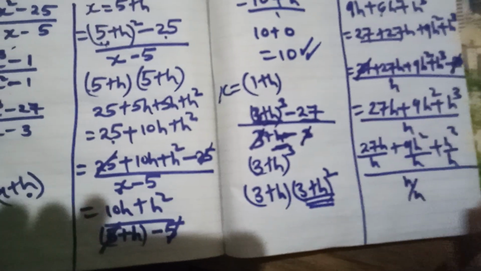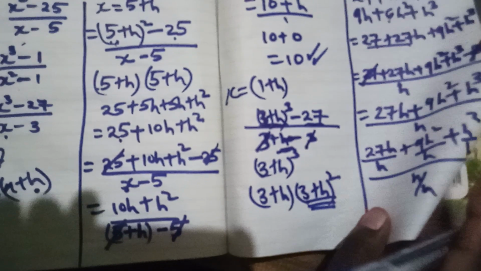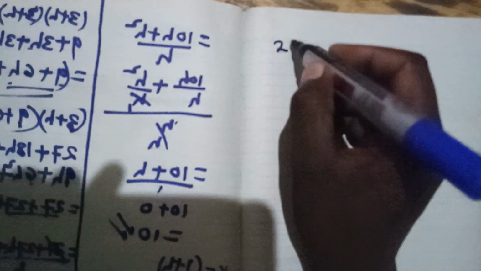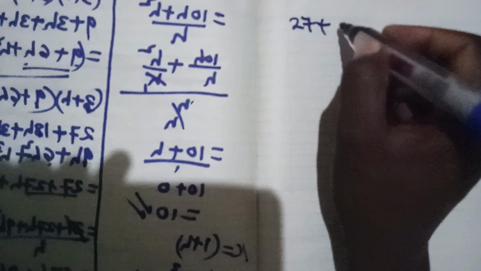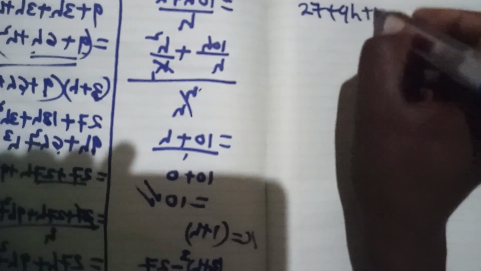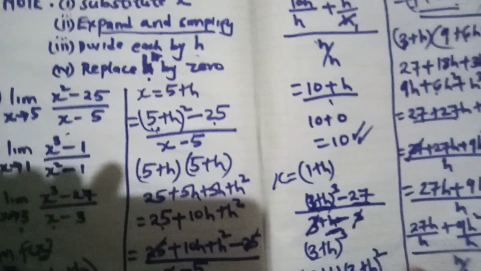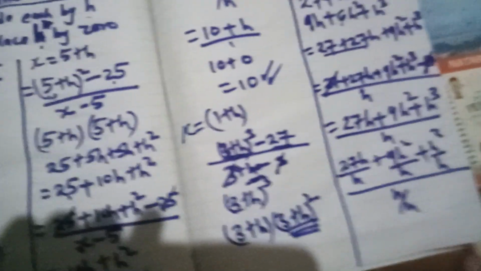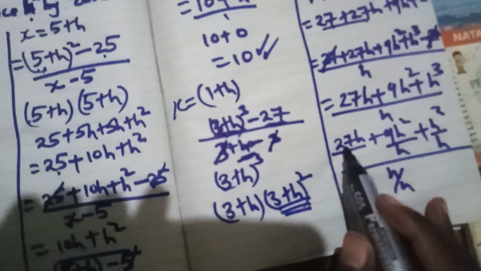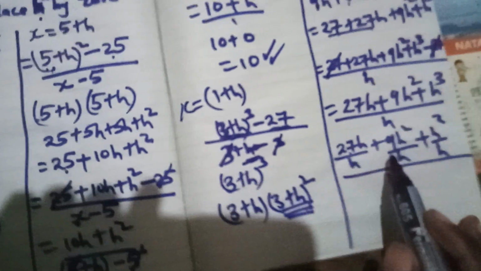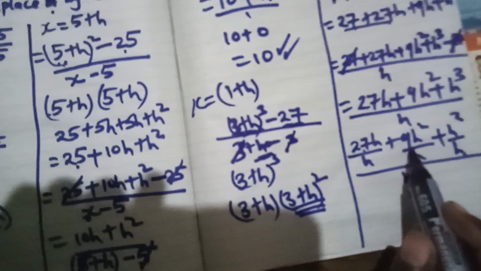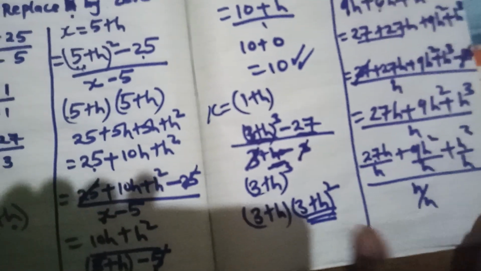So this one is going to be 27 plus 9h plus h squared. As you can see, we will have 27. This one is going to remain 9h. This is h squared.